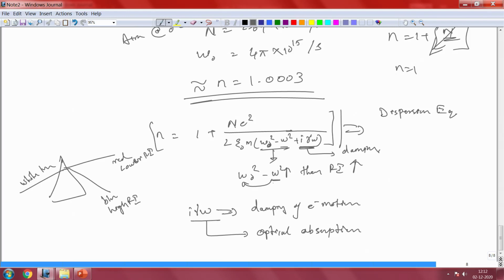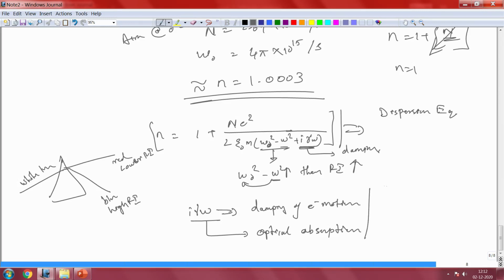When omega becomes very close to omega naught, that is when you see the effect of the imaginary part. The imaginary damping is small, so the imaginary part becomes more important.